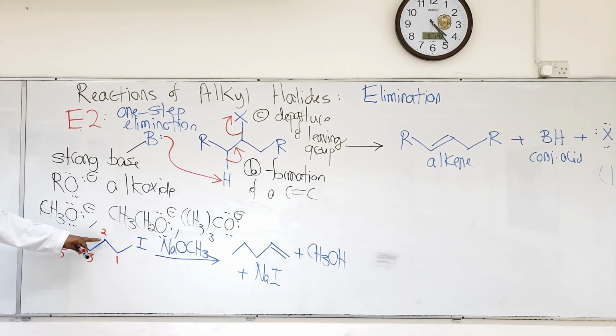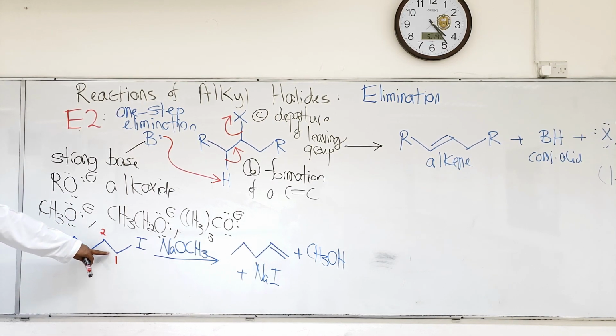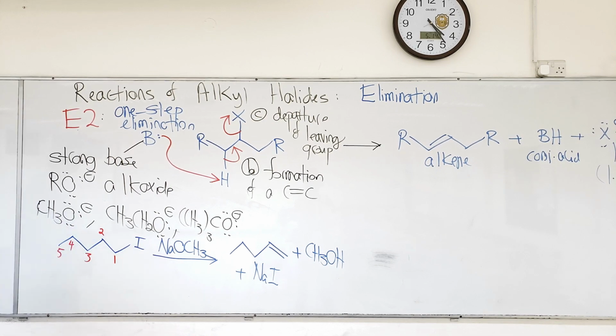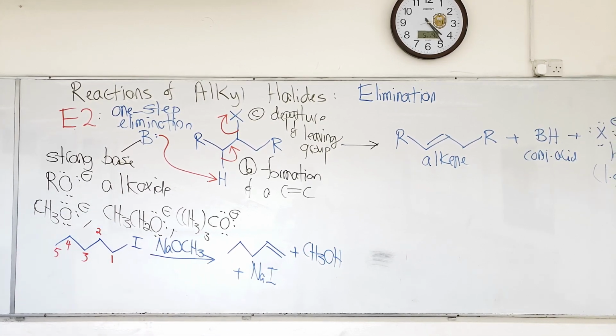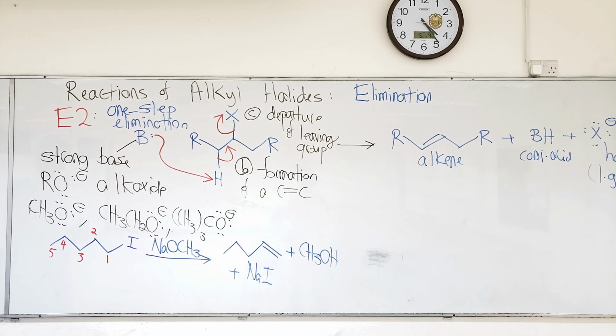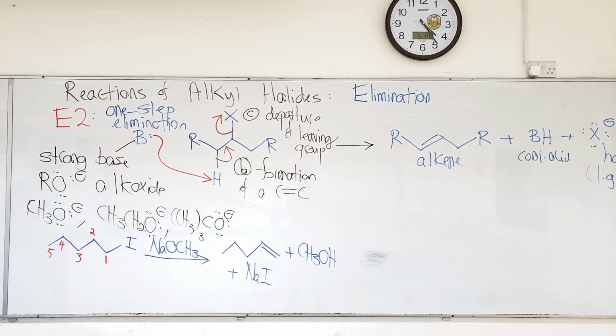So sodium methoxide is going to remove a hydrogen from here with simultaneous formation of the carbon-carbon double bond and departure of the iodide. That's the alkene that's produced. This is an example of an E2 reaction.